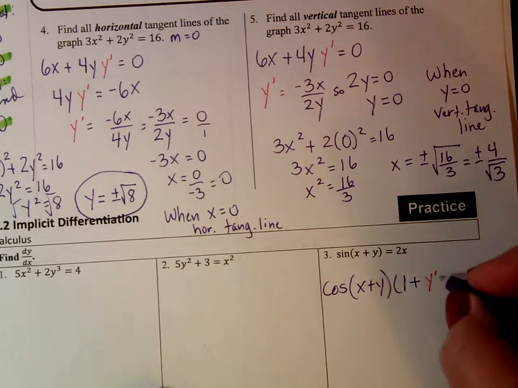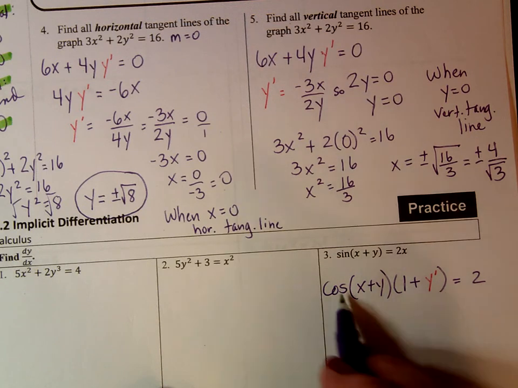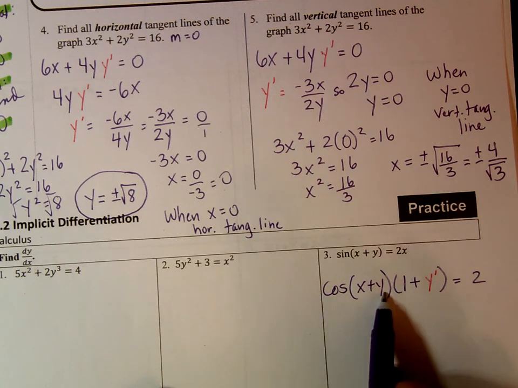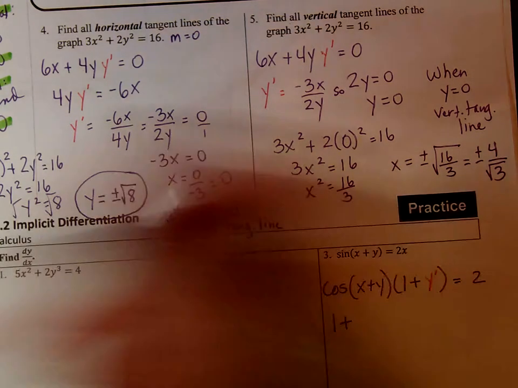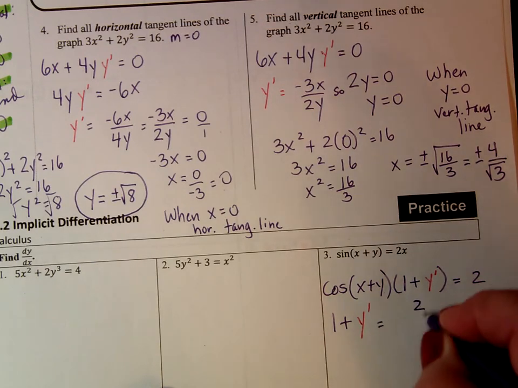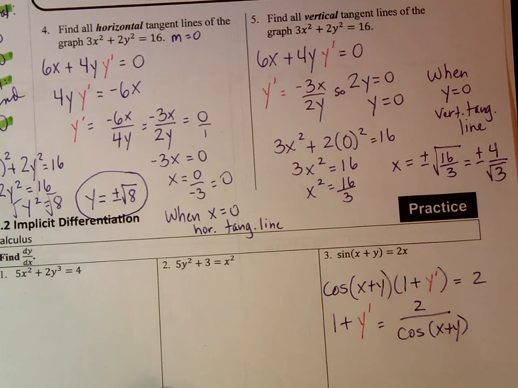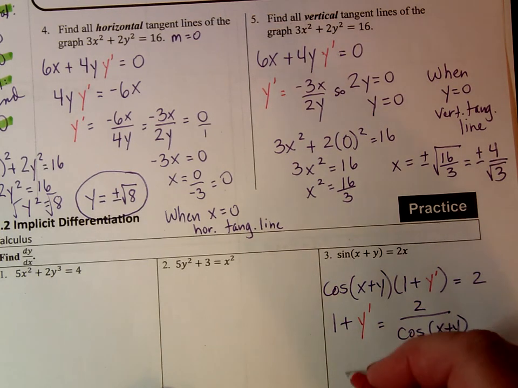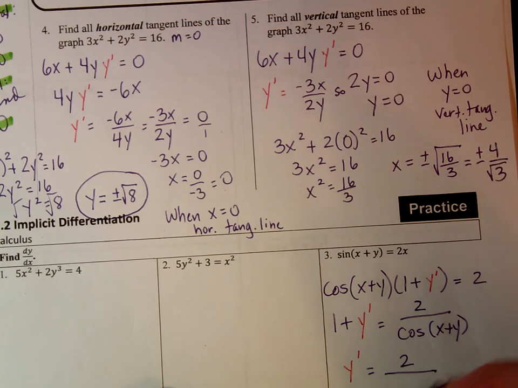Derivative of 2x is 2. We're going to get this y prime by itself. I'm going to divide by cosine of x plus y. So I get 1 plus y prime equals 2 over the cosine of x plus y. And then I need to subtract the 1. So y prime equals 2 over the cosine of x plus y, minus 1.